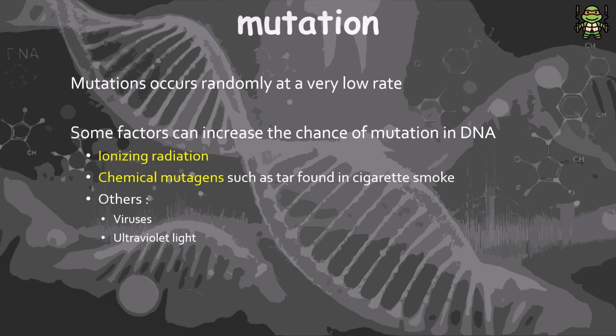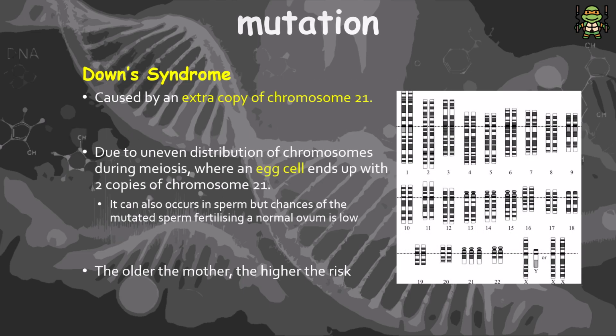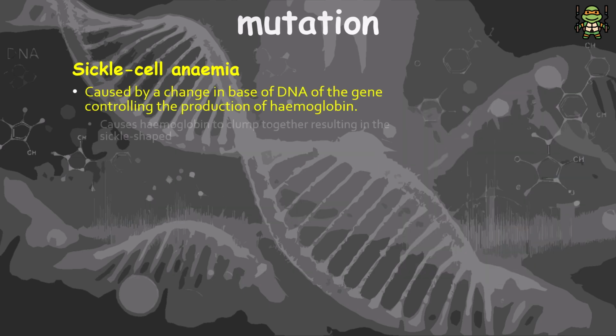For Down syndrome, you just have to know that individuals have an extra copy of chromosome 21 that most likely originated from the egg. An example of a condition caused by a single gene mutation is sickle cell anemia.